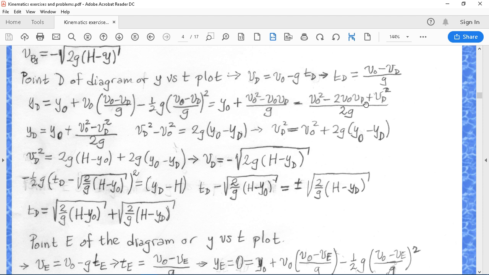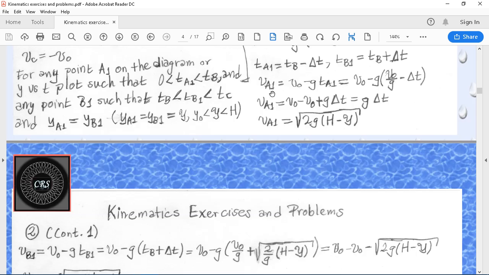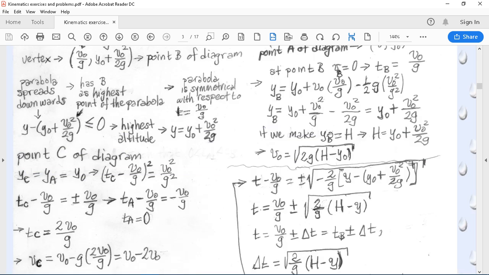Do the respective math, and after replacing V0 with this value here, remembering that since h equals y0 plus V0 squared over 2g, we know that V0 equals the square root of 2g times the difference h minus y0.